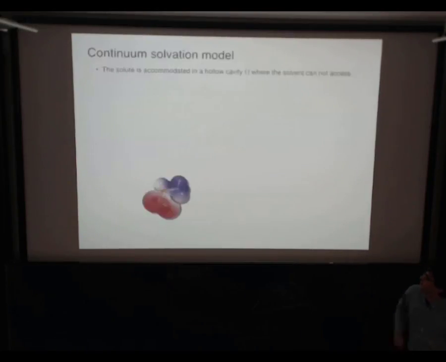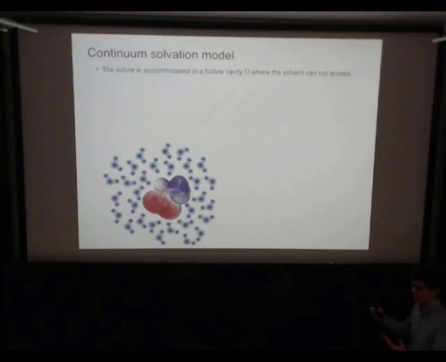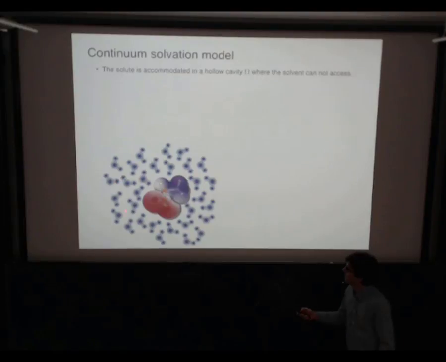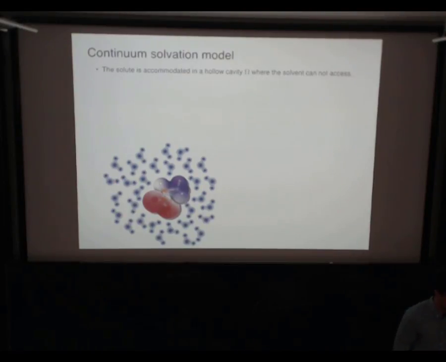Good. So as promised, we do a little deviation in the beginning. We consider a molecule, this solute molecule, that is embedded in a solvent. And the solvent here is represented by some solvent molecules.